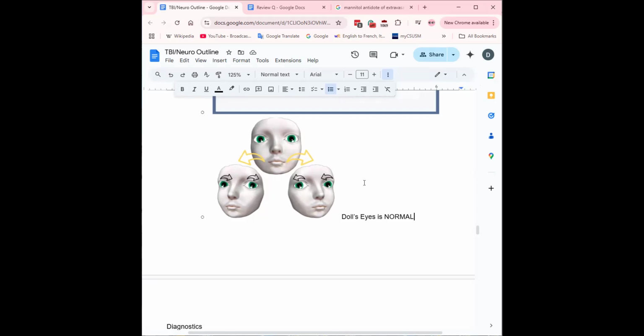And if you turn them the other way, it should come back looking at you. It's bad if you turn them in one direction and their eyes stay looking that way. The eyes should be kind of rotating towards the center still. But again, I don't think it really came up much.